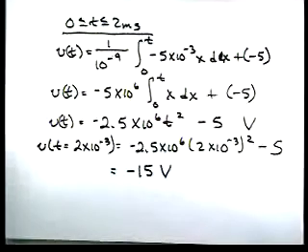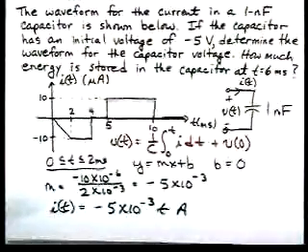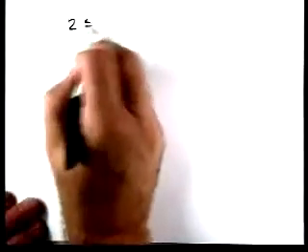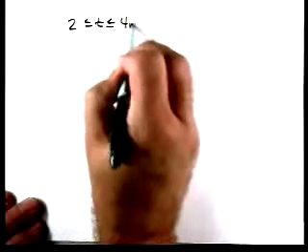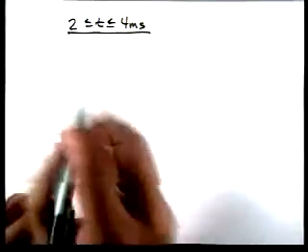And if we look at the next interval, between 2 and 4 milliseconds, we can see the current is a constant at minus 10 microamps.